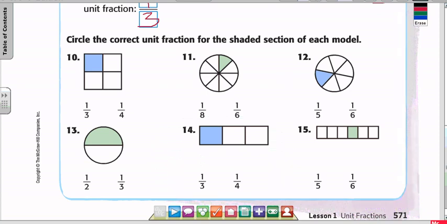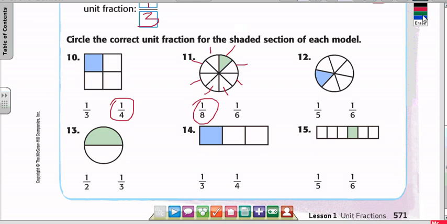Now look at number 10. How many parts are there? 4. So is it 1/3 or 1/4? 1/4. Number 11. What is it? 1/8 or 1/6? Well, let's see. 1, 2, 3, 4, 5, 6, 7, 8. There's 8 sections. So it's 1/8.